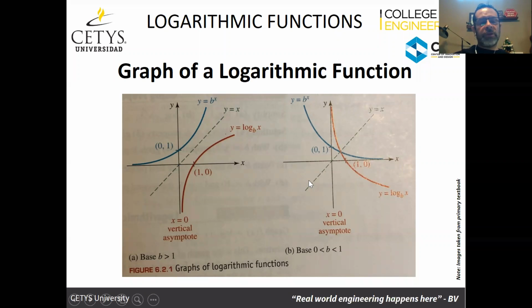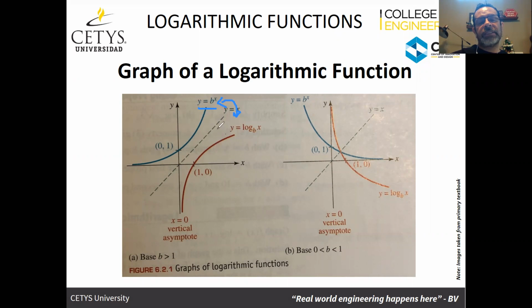Okay, and so the graph of a logarithmic function also is a very particular model. What we see here in these two examples, the blue graph, I'm sorry, is y equals b to the x. It's the exponential. And what happens with the logarithm? The logarithm is going to be a reflection along the origin of the exponential function.